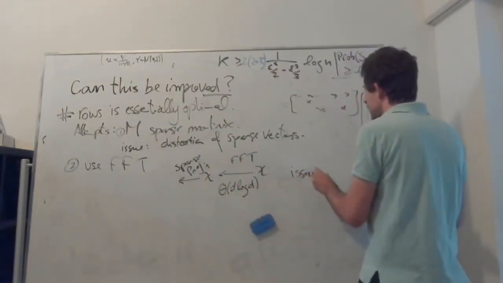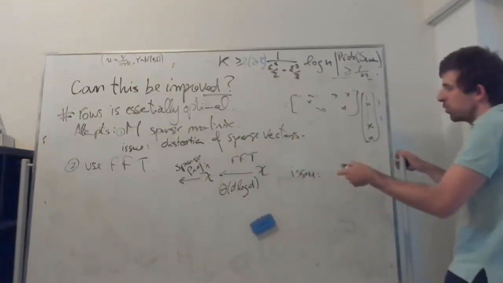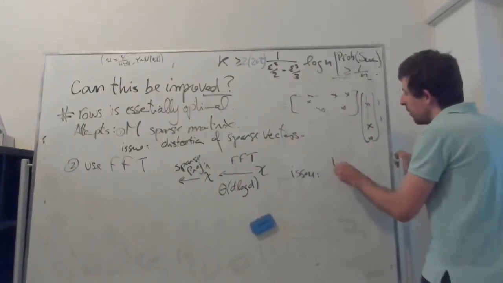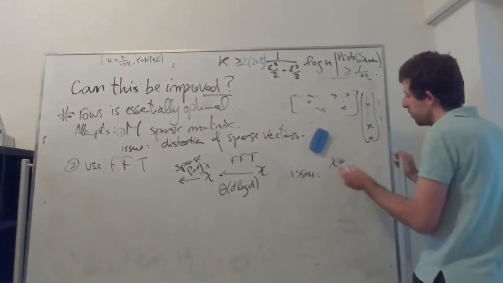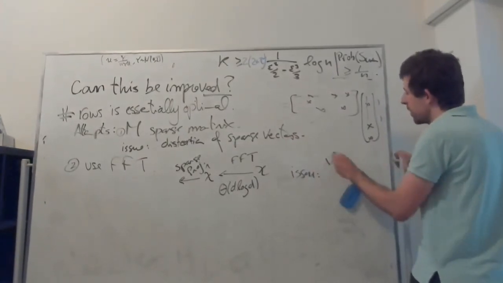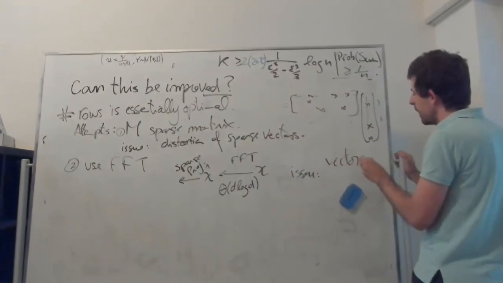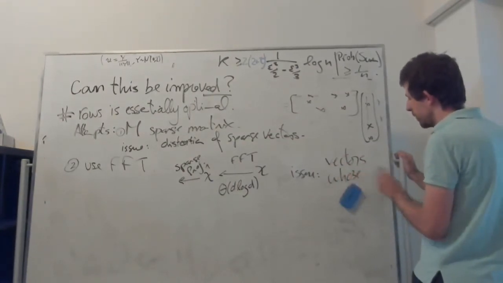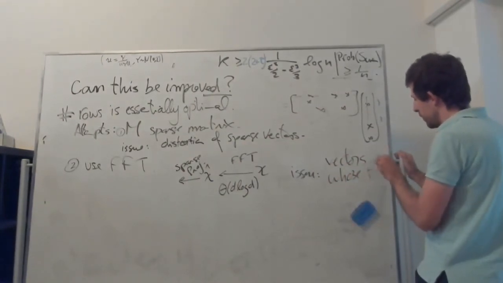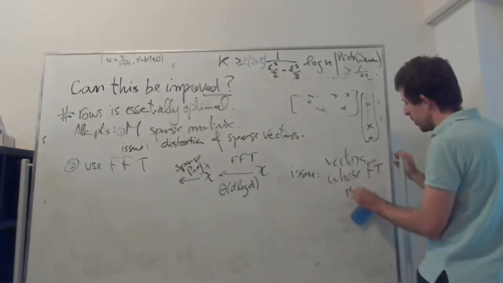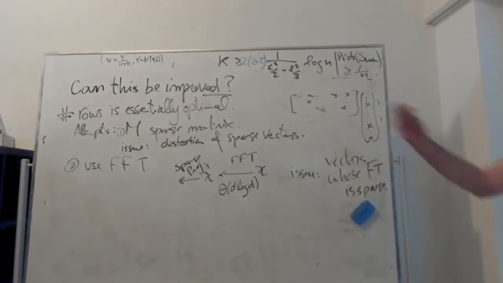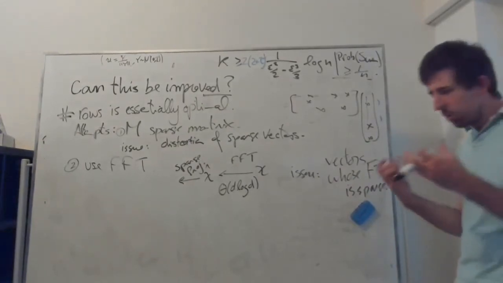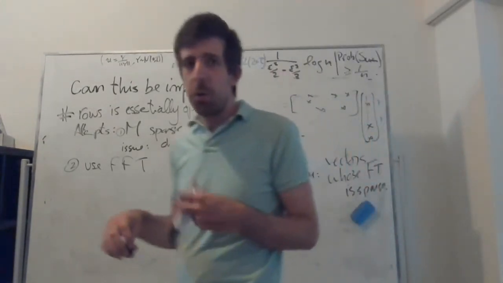The issue is that it will distort vectors whose Fourier transform is sparse. X could have a sparse Fourier transform. This is the issue. It's exactly the same issue. So how do you reconcile this? How do you fix this?